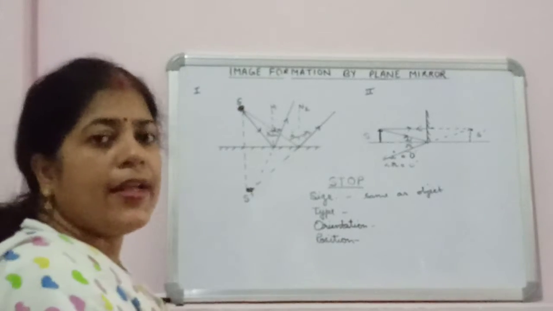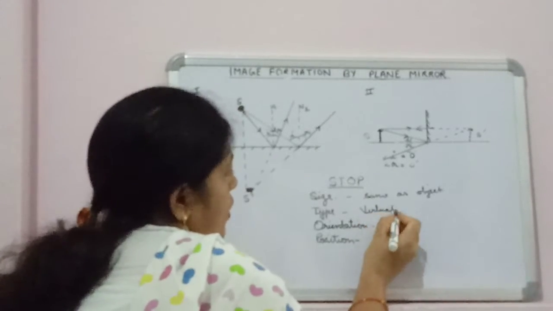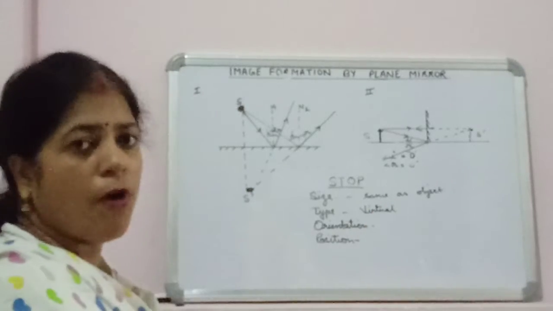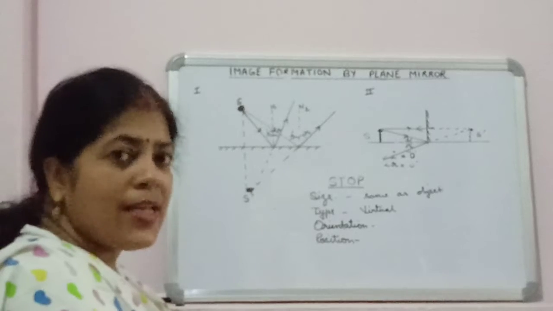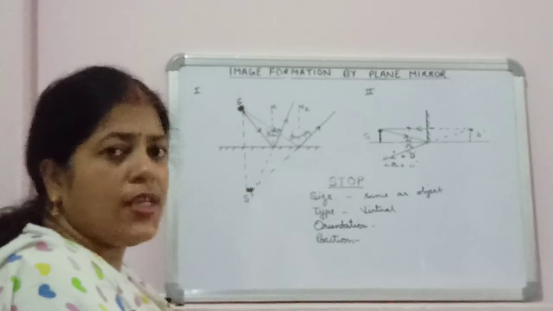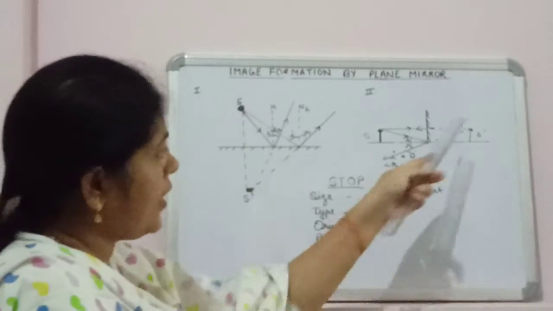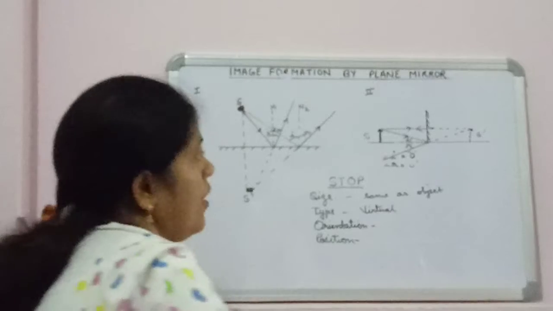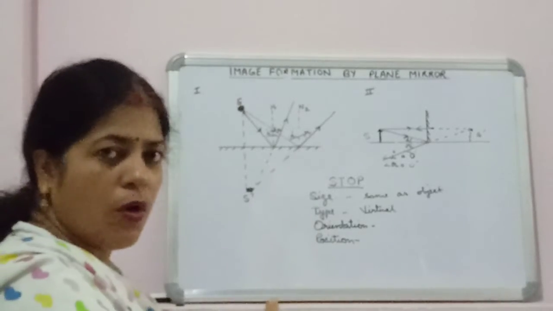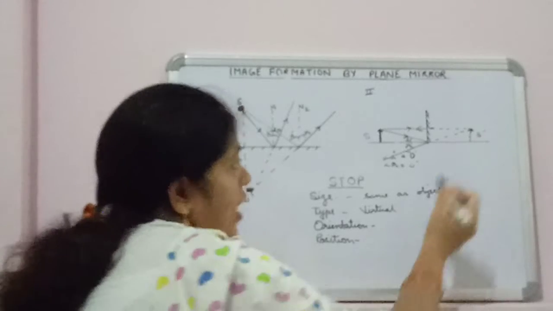Type is, it is a virtual image, because the image is not being formed by the actual intersection of the reflected rays. We'll discuss the types of images in our next videos. So here we can say it is a virtual image. Orientation, whether it is upside down or not. You can see here that this is not upside down.